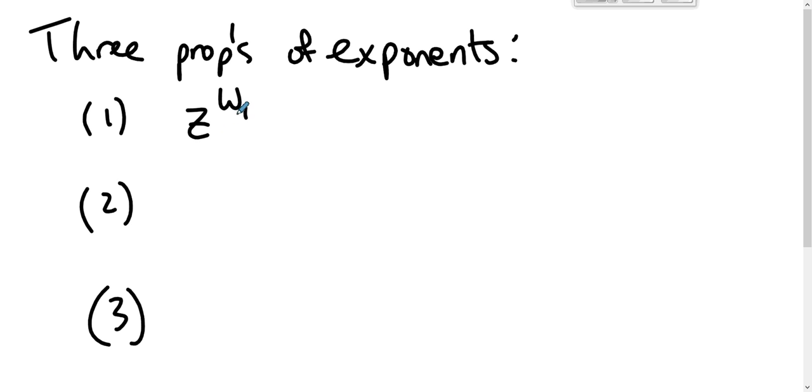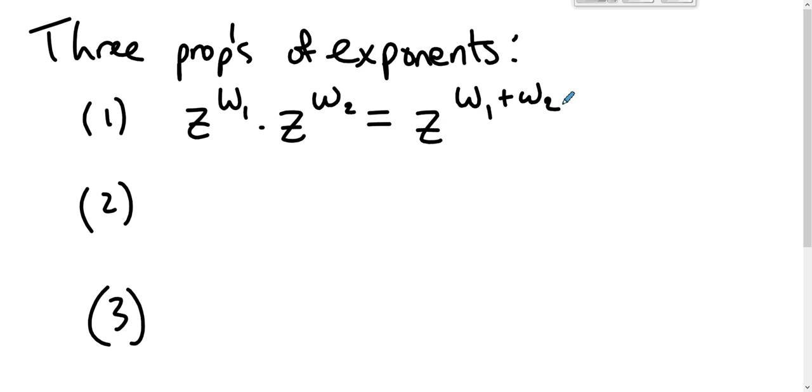raise it, so if you have some complex number z to the w1, and you have some other complex number z to the w2, z is a complex number, w1 and w2 are complex numbers, is it true that this happens? I'm sorry, is it true that if z is complex, that happens? So there are things to think about there.